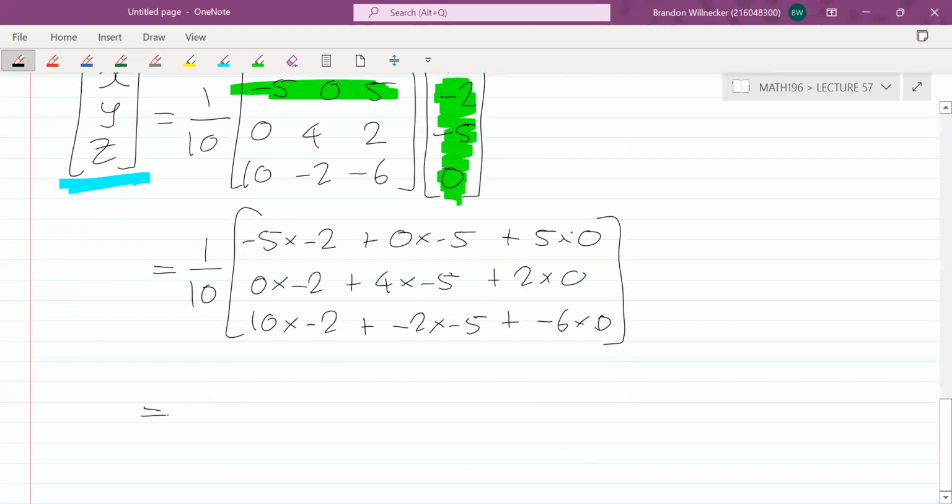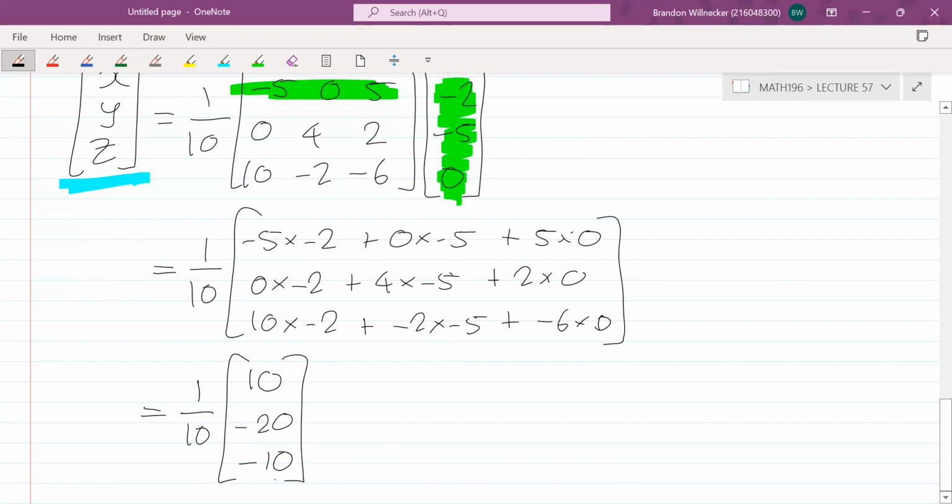Okay, so let's simplify out these sums. So we get 1 over 10 times: -5 times -2, so that's going to be 10. The zeros don't do anything. 4 times -5, that's going to be -20. 10 times -2, that's -20, plus 10, so that's going to be -10.